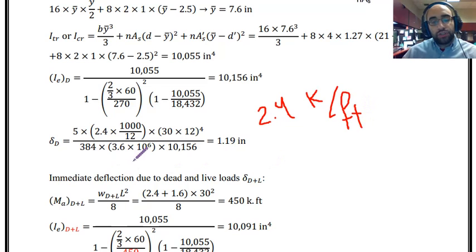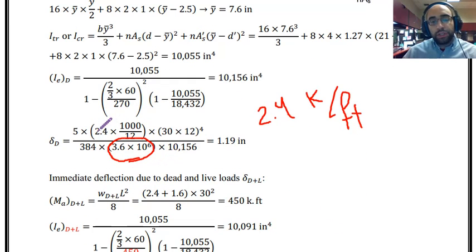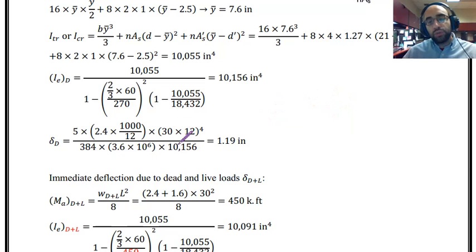But since the Young modulus that we have for concrete is in PSI, pound per square inch, I changed the loading also to pound per inch, and also the length that we have is 30 feet, so I multiplied it by 12 to change it into inches because I want all the numbers in the equation to be in the same units. So calculating this, we can see the deflection because of dead load is 1.19 inches. That is the immediate or instantaneous deflection because of dead load.